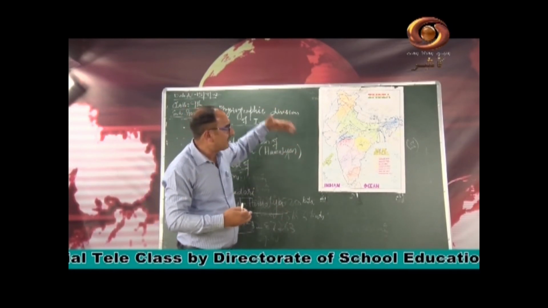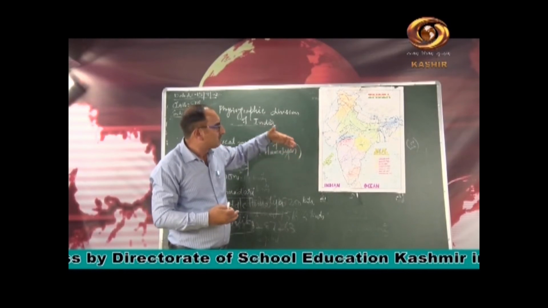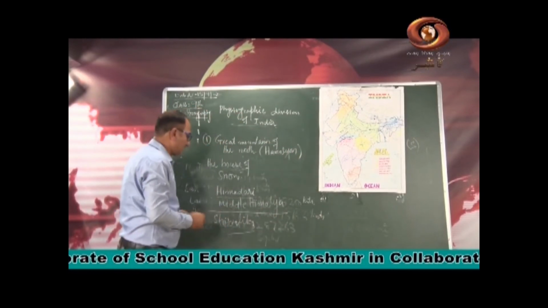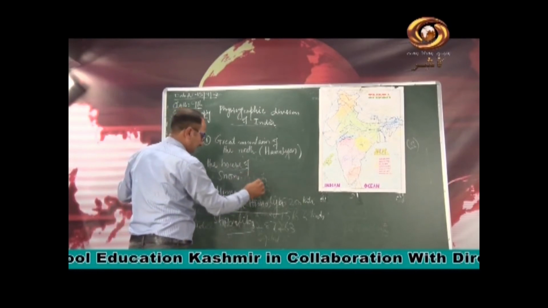The height of Himadari from the sea level is 6,000 meters above sea level.